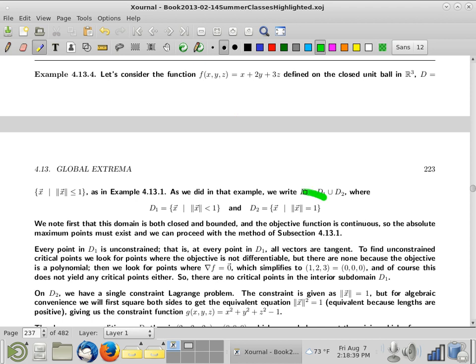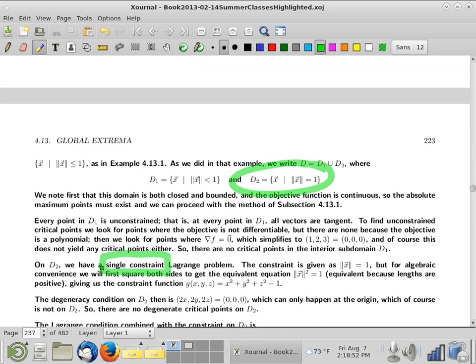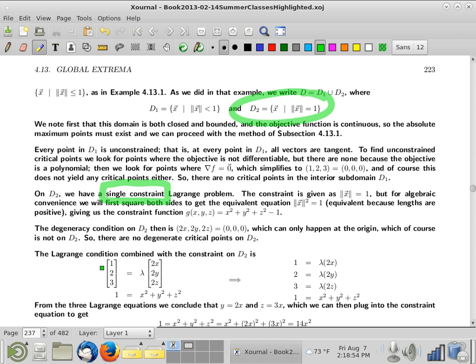So now let's look at this second subdomain. Well, this is going to be a Lagrange problem. All the points on this domain have a single constraint. So we're going to apply the method of Lagrange multipliers. Again, we'll consider differentiability.